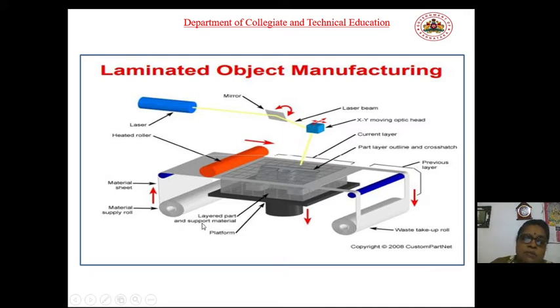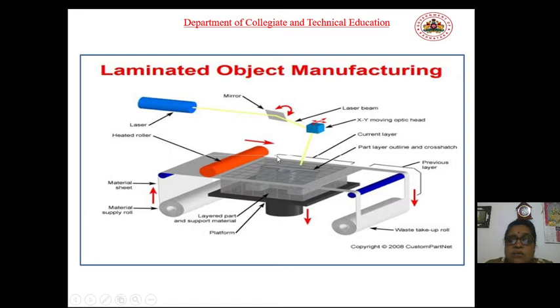There is a layered part and support material here, so you can observe. And there is a laser light which falls on the mirror, thereby it reflects and comes out in the form of a beam. Here there is a moving optic head, which moves in the direction of x and y, and the beam falls on the sheet which has already been spread onto the platform, or what you call the bed.